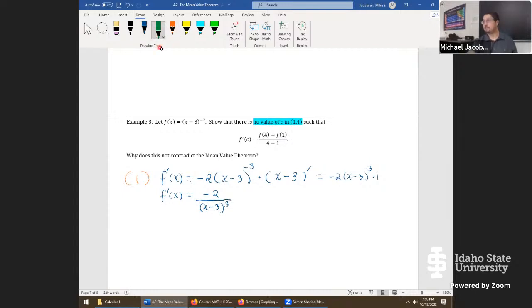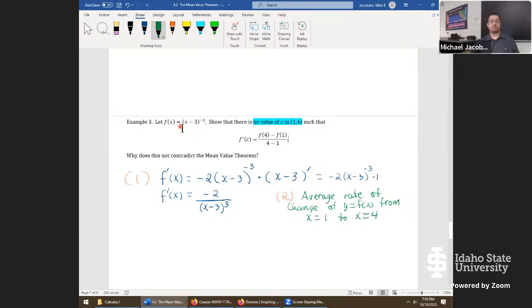We have our function. Next thing we do is we're going to calculate the average rate of change of y equals f of x from x equals 1 to x equals 4.